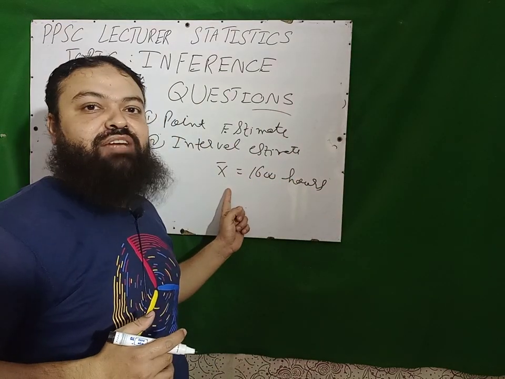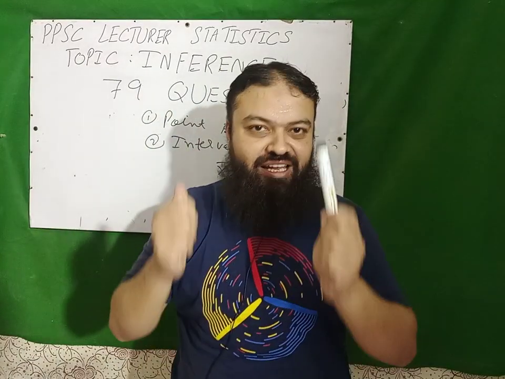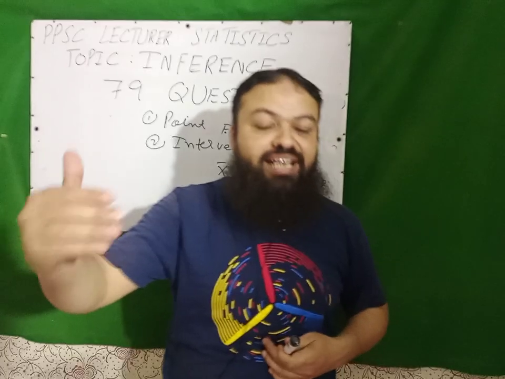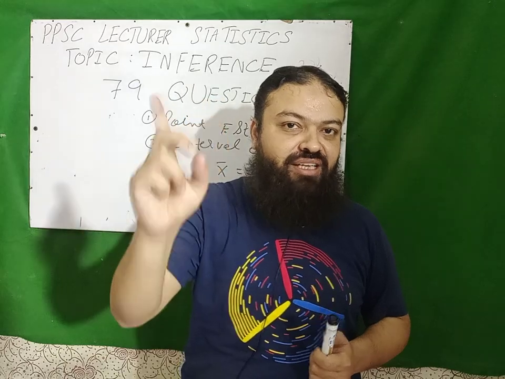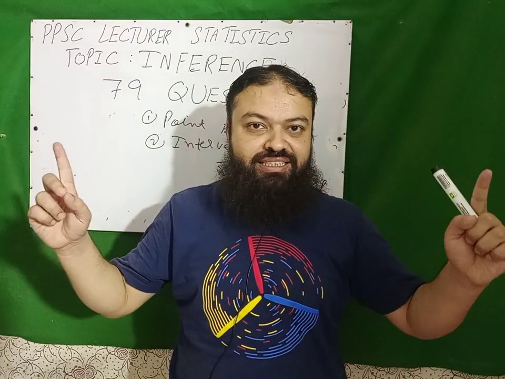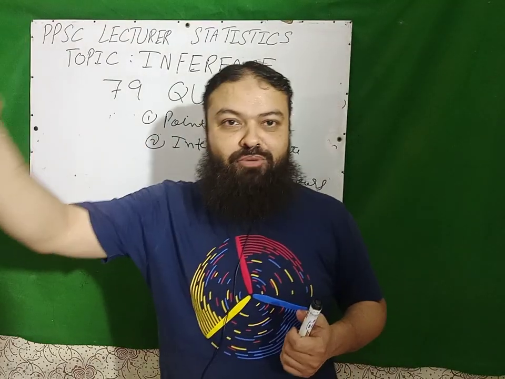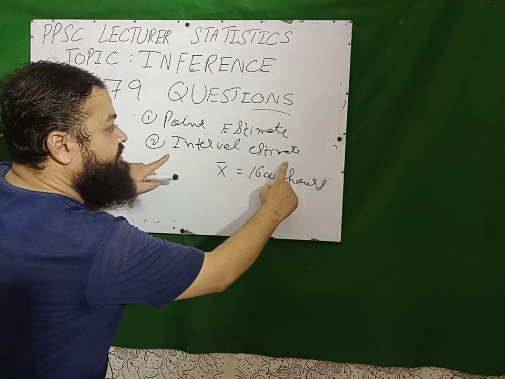It is a single value. It is a point estimate, a value calculated from the sample to estimate the population parameter. If it contains a single value, it is a point estimate. And whenever we have an interval of values and we claim that the population parameter must lie in that given interval, that is called an interval estimate.